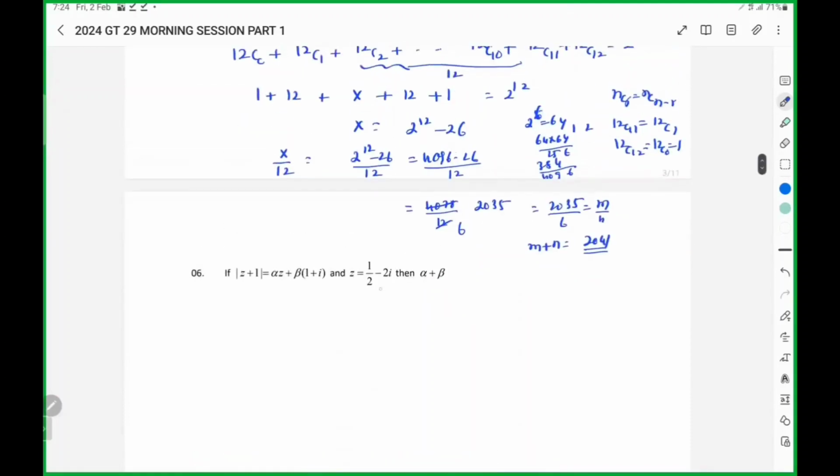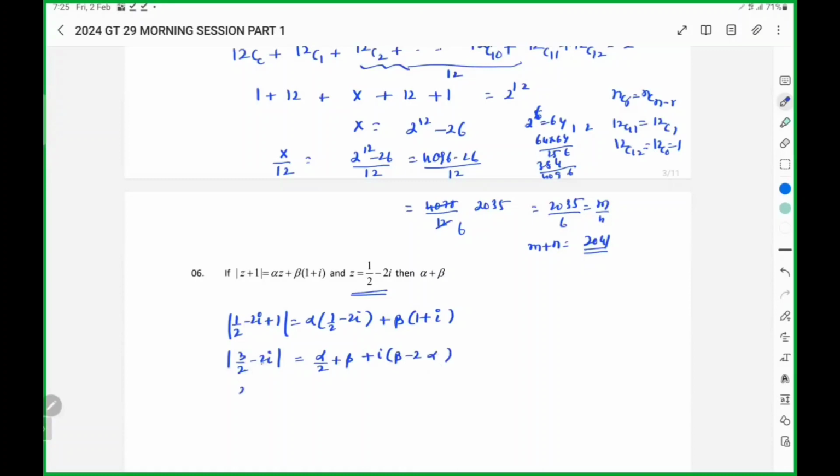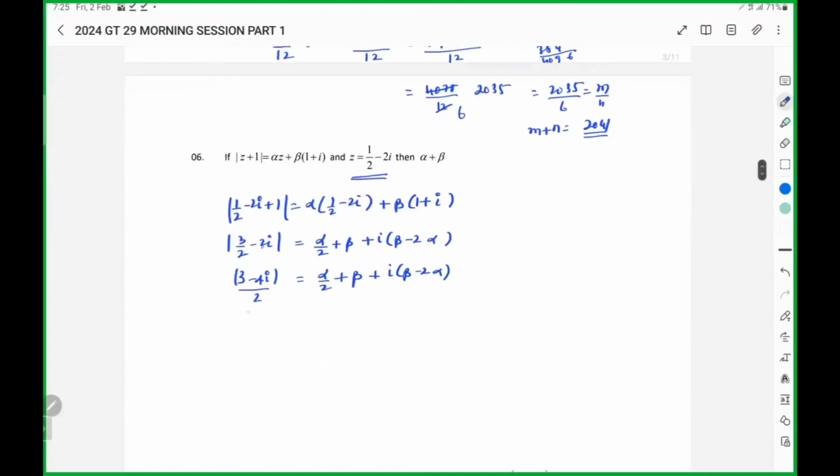This one, take the Z value already given as minus 2i plus 1. So alpha by 2 minus 2i, beta (1 plus i), which is 3 by 2 minus 2i, which is alpha by 2 plus beta, plus i times (beta minus 2 alpha).